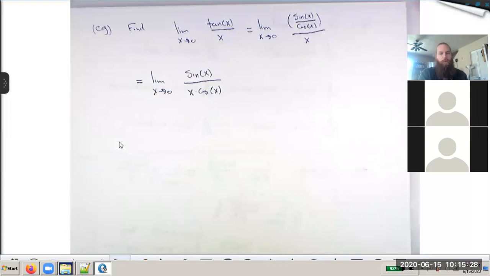I'm hoping we're all getting pretty comfy with algebra steps like this. It's something we've done a lot, especially in those difference quotient limits. So this is just algebra.